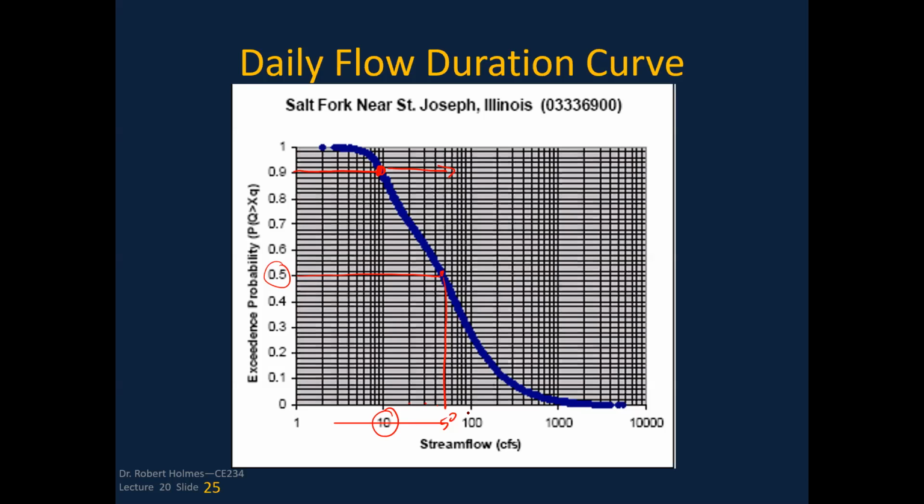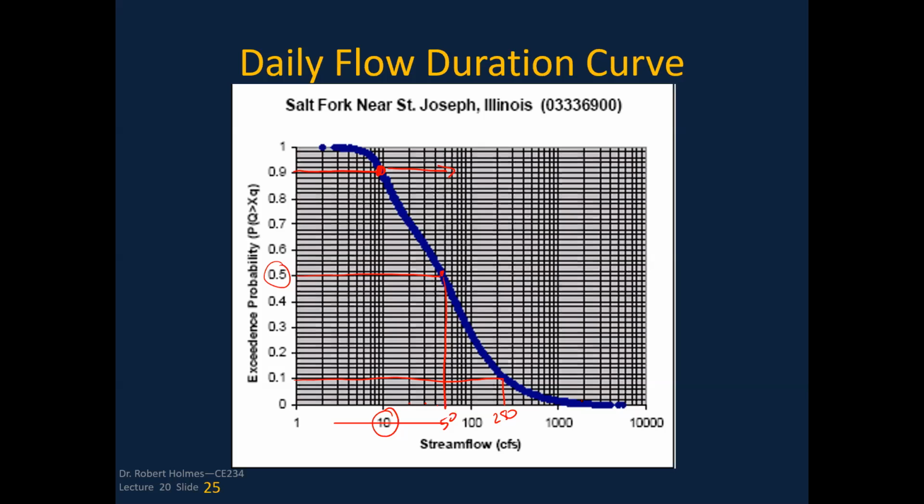So that says that 50% of the flows based on the data collected over time are greater than 50 CFS. If I go down here to 10%, that's about 250 CFS. So an exceedance probability of 0.1 corresponds to 250 CFS. That means that 10% of the flows exceed that value.